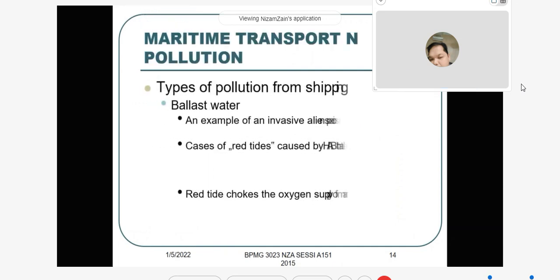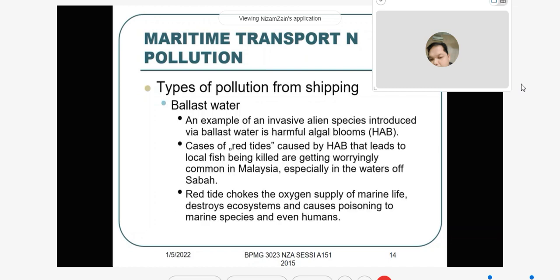An example of invasion of alien species introduced via ballast water is harmful algae blooms, HAB. Cases of red tides caused by HAB that lead to local fish being killed are getting worryingly common in Malaysia, especially in the waters of Sabah. In the last 2 years, I think they've been reported in the waters near Langkawi.